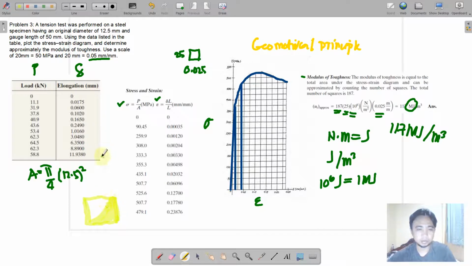So if we are concerned with this area, the multiplier is 1/3 of the base times height. This is the principle.